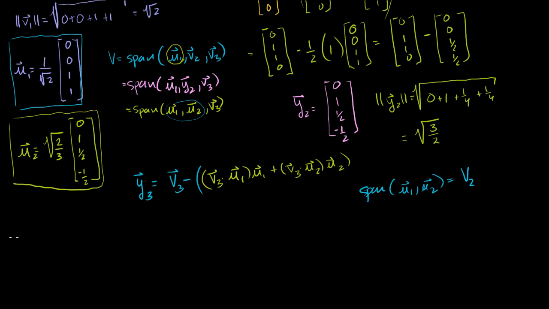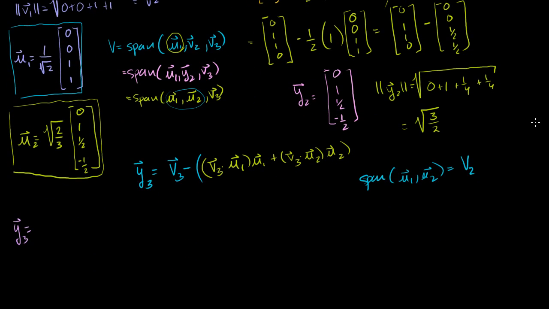A little bit more computation here. y3 is equal to v3, which was up here. So that's v3. v3 looks like this. It's 1, 1, 0, 0 minus v3 dot u1. So this is minus v3, 1, 1, 0, 0 dot u1.